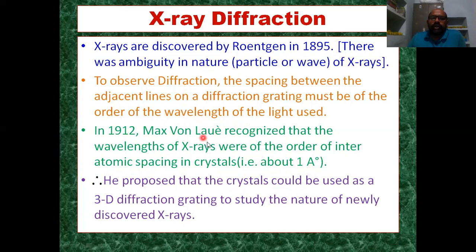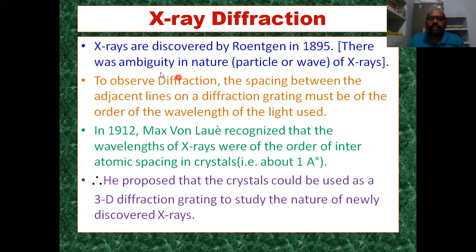you got the idea that the diffraction effects are observable at this length scale. Okay, whenever we observe a diffraction pattern, the spacing between the adjacent lines on a diffraction grating must be of the order of the wavelength of the light used.